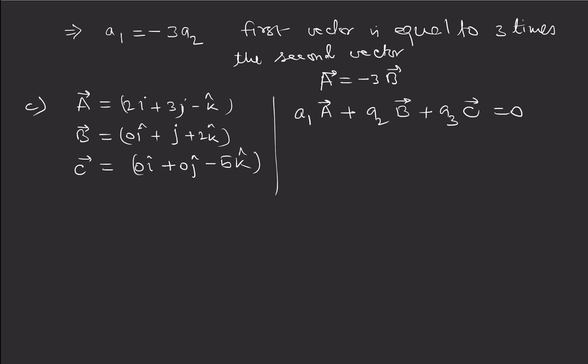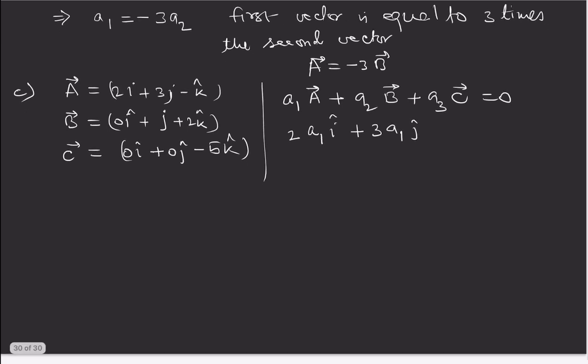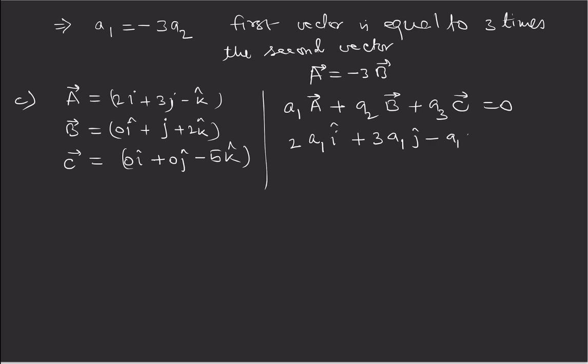So clearly we can say that 2A1 i plus 3A1 j minus A1 k plus A2 j plus 2A2 k plus minus 5A3 k is equal to 0.